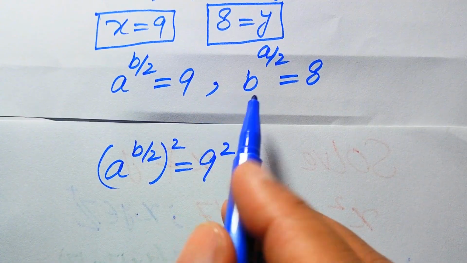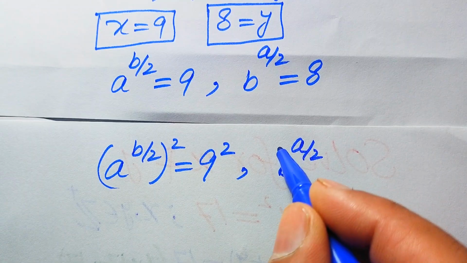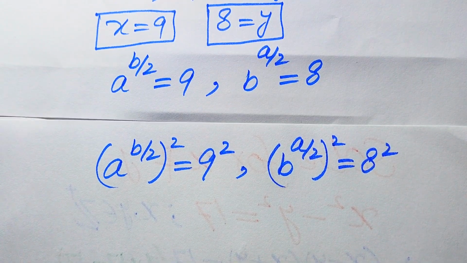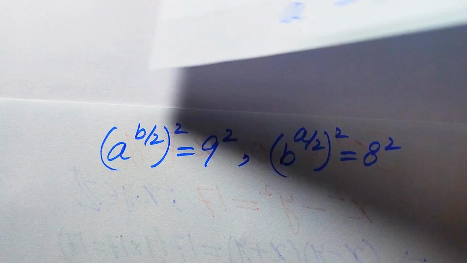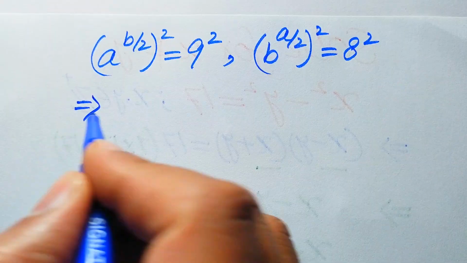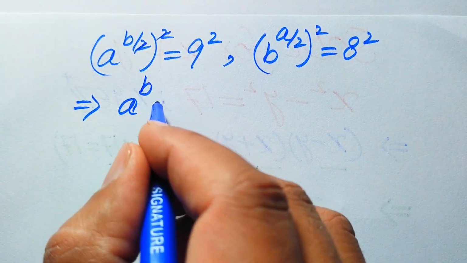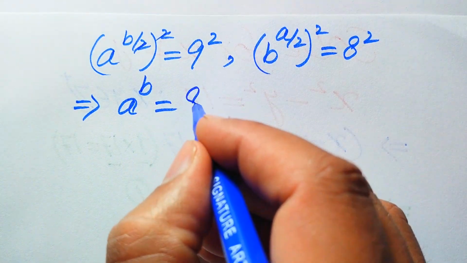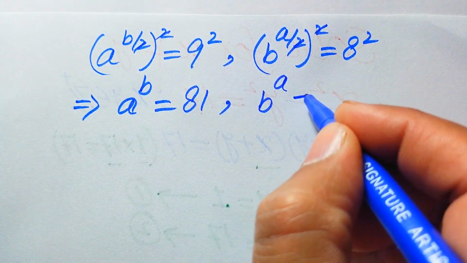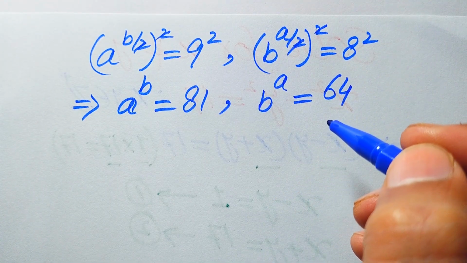We apply squaring on both equations, and here it becomes b to the power of a over 2, whole squared, equals 8 squared. Now the 2 and 2 are gone, and we get a to the power of b is equal to 9 squared, which becomes 81. These 2 and 2 are also gone, and we get b to the power of a is equal to 8 squared, and 8 squared becomes 64.